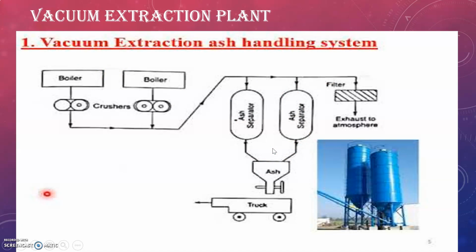So the ash and dust from all discharge points are picked up by a high velocity air passed through ash crushers into the air stream. The crushed ash carrying air is separated in the ash separators, and the separated ash is collected in the hopper. The separated air from the ash separators is exhausted to the atmosphere through an air filter and exhauster.